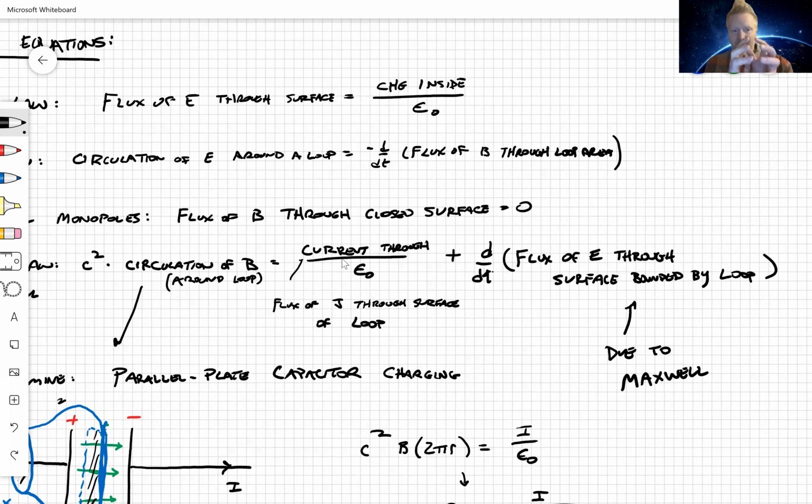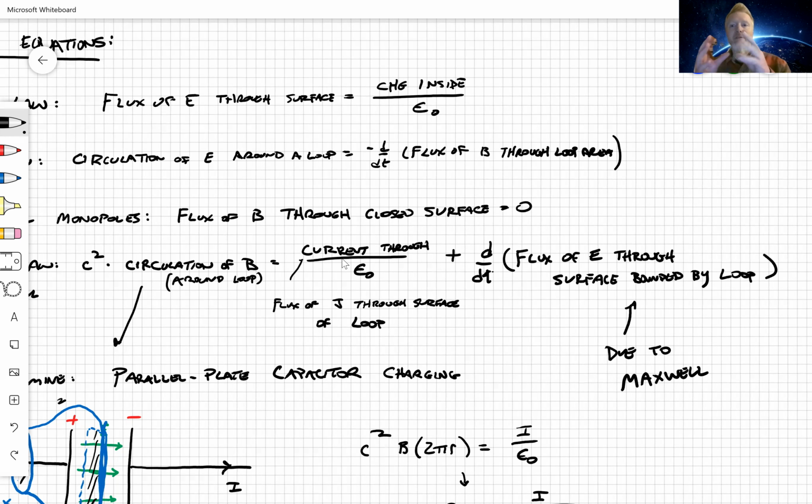I have a changing magnetic flux through this one, which causes a circulating electric field, which fluxes through this loop, which causes a B field to circulate, which fluxes through this loop, which causes an E field to circulate, which causes a flux of E through this one, which causes a circulation of B. Wait a minute. We've just created something that travels away from this sheet of charge.